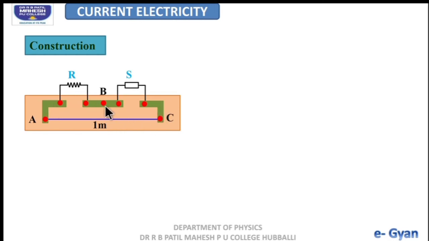These are placed as shown in the diagram, and there is a small gap between these two strips, and that gap is called left gap, and there is another small gap between these two ends, called the right gap. A long wire is connected between A and C, and this wire is called the meter bridge wire, and it is made up of alloys like manganin and constantan.